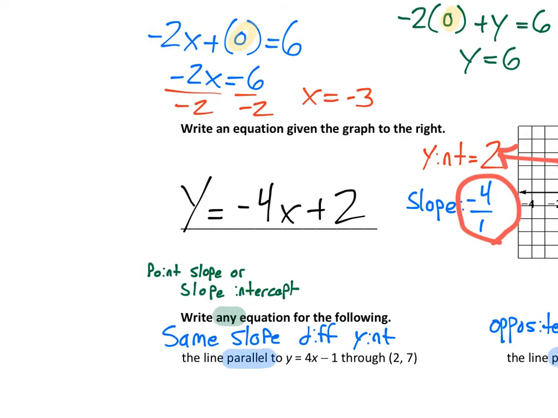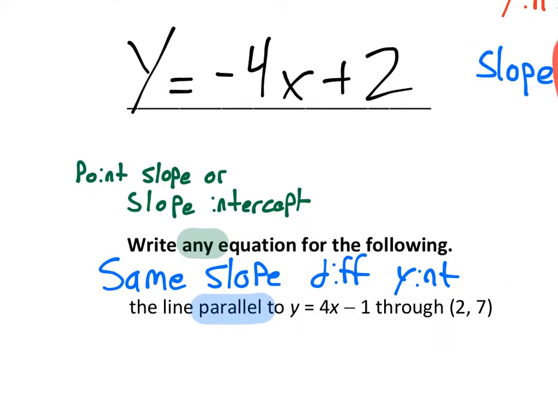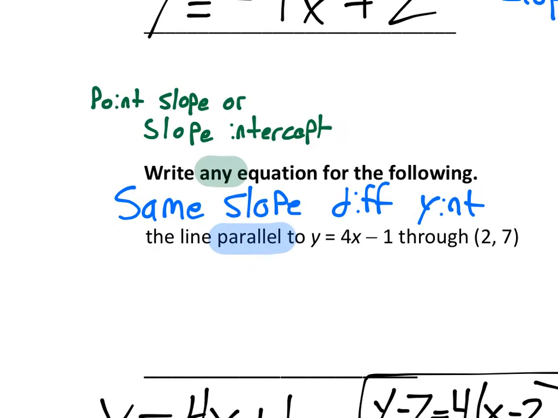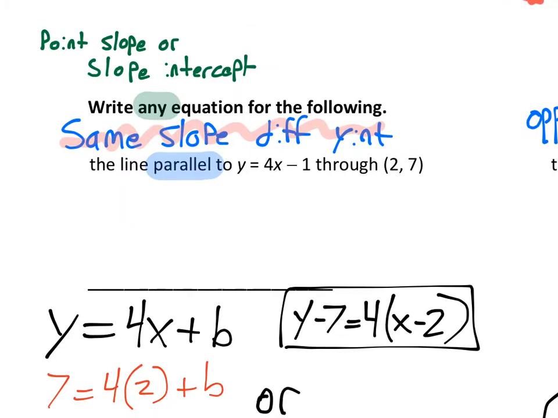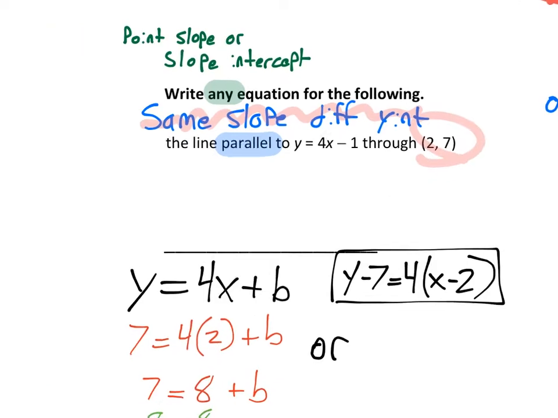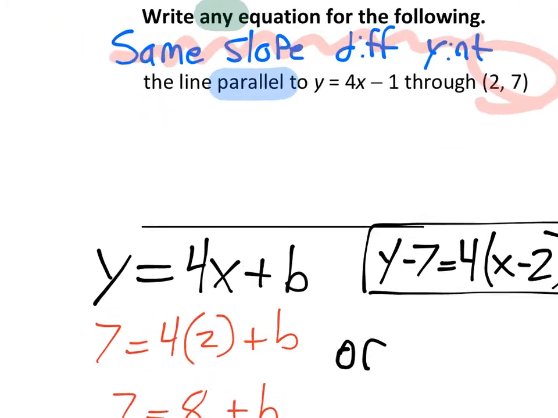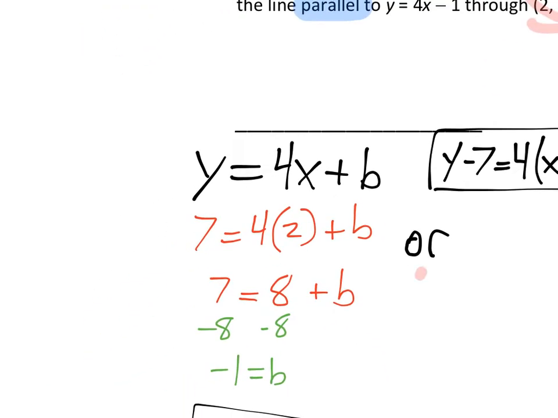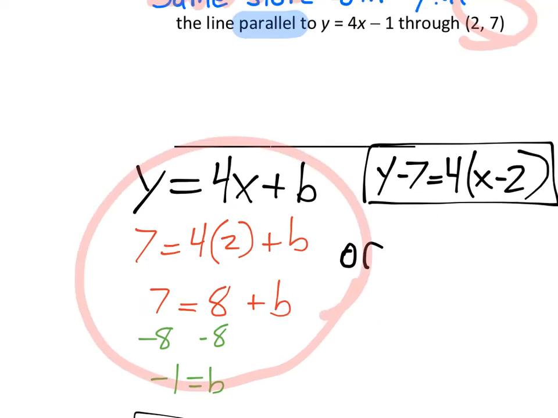All right. So this says write any equation, which means I can use point slope or slope intercept for the following. So when it says it wants a line parallel, we should be thinking same slope, right? Parallel has the same slope, but different y-intercept that also passes through this point. So what I could do is I could do this way. We didn't really see this way in class.